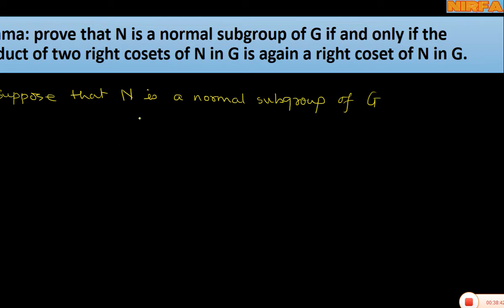But what we want to show is that the product of two right cosets of n in G is again a right coset of n in G. That's why we need two right cosets, and to create right cosets we need two elements from group G. So let a and b be the two elements from group G. Therefore Na and Nb are two right cosets of n in G.